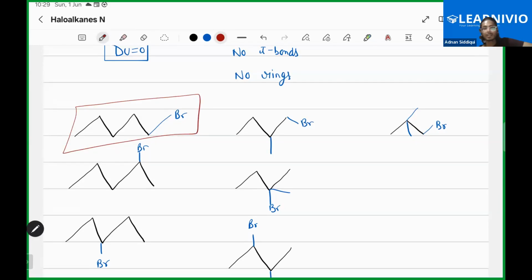Do you know the IUPAC name? Do we have a 6-member carbon chain? See, bromopentane. Good. 1, 2, 3, 4, 5.